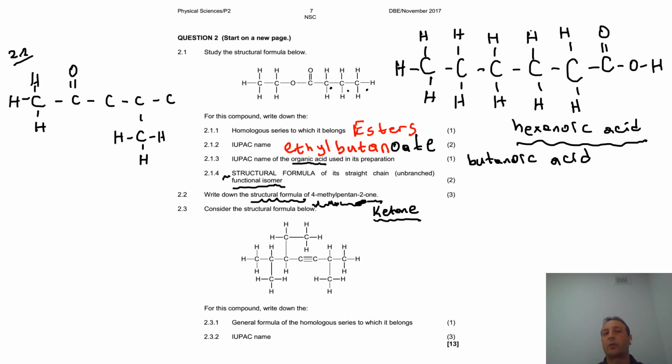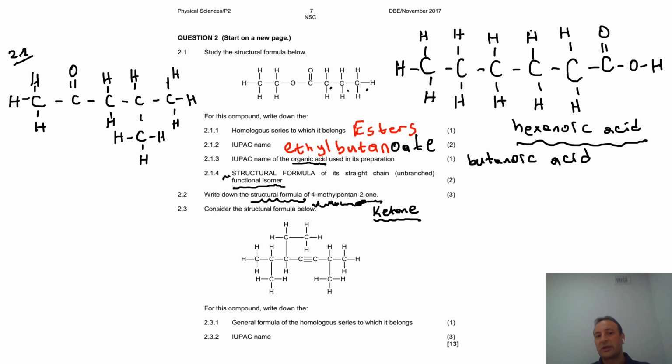This one has 4 bonds now. That carbon has 1, 2 bonds already, so I need to add 2 more. This carbon has 1, 2, 3, so add only 1 more hydrogen, and this one has 1 only, so I need to add 3 more hydrogens so that it's complete.